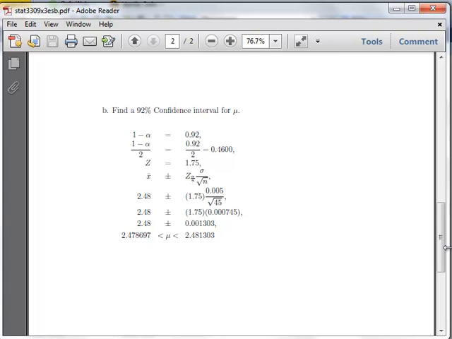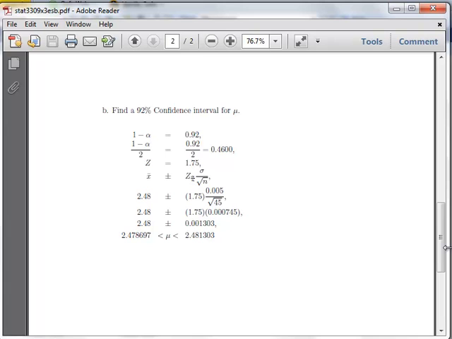So you'll start putting things together again. You'll have 2.48 plus or minus the 1.75 times the 0.005 over square root of 45. Then you're going to have 2.48 plus or minus 0.000745.